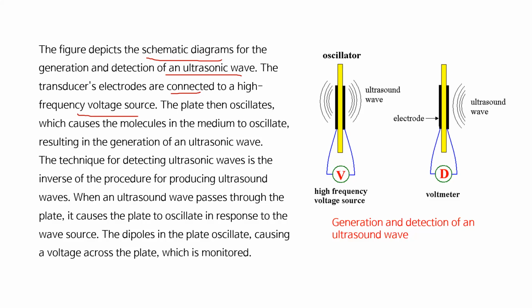So that is the ultrasonic transducer material, usually a thin plate, and then you can make electrodes on both sides, and we apply the high frequency voltage source to the electrodes. Then the plate oscillates, which causes the molecules in the medium to oscillate, resulting in the generation of ultrasonic waves.